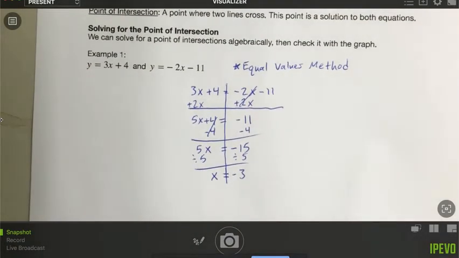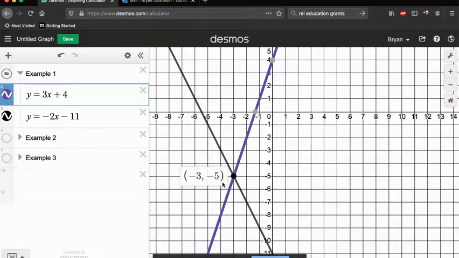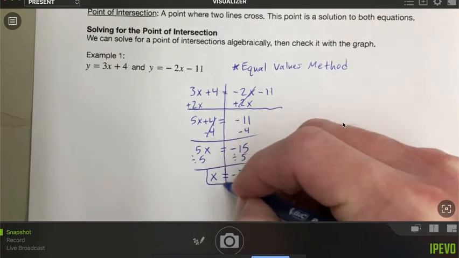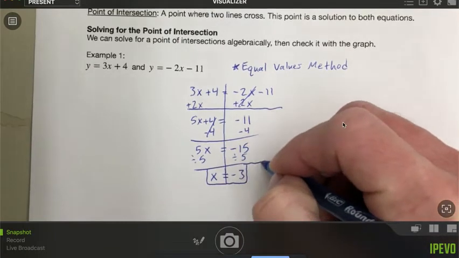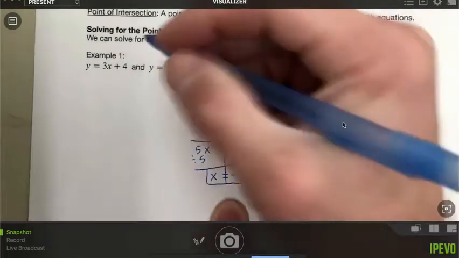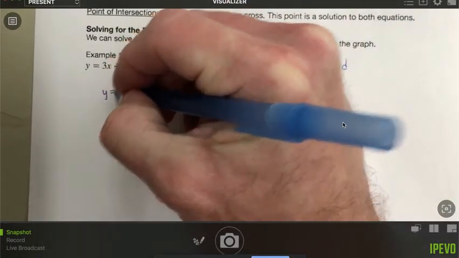Cool. So if you notice, this x equals negative 3 perfectly matches the negative 3 from the graph. But the question is, how do we get this negative 5? Well, now that I know that x equals negative 3, I'm going to prove that this works for both equations. So in other words, let's take our first equation.